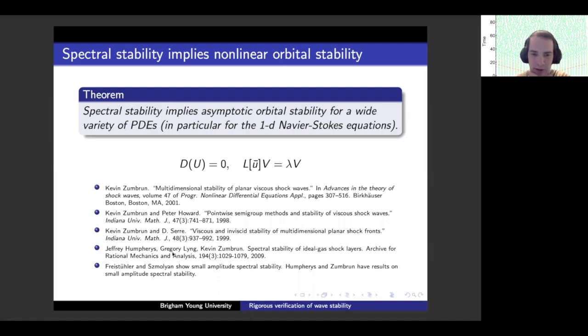And then one other study that we need to carefully mention is this one by Humphreys, Lin, and Zumbrun in 2009. They're looking at the model we're looking at, but they're not using rigorous computation, they're using double arithmetic for the computations that show spectral stability. They also have a small amplitude spectral stability result, as do Freistühler and Szmolyan. So what we're looking at is rigorously proving spectral stability, to imply nonlinear orbital stability, for large amplitude waves in the 1D Navier-Stokes equations.